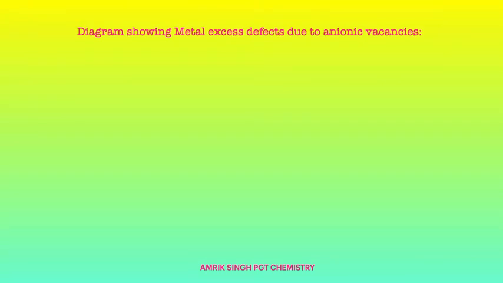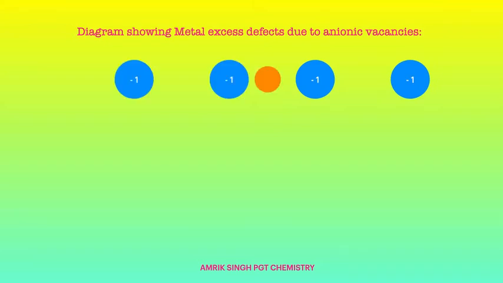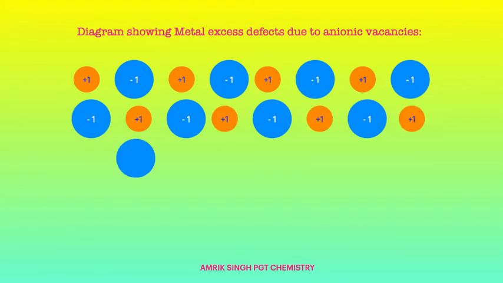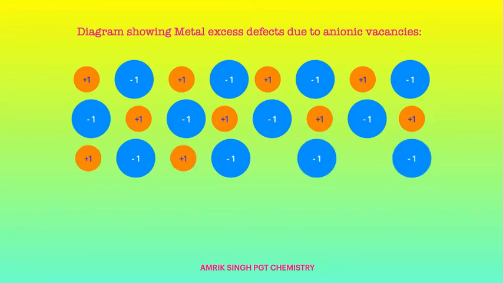Diagram showing a metal excess defect due to anionic vacancies. First of all, we are creating an ideal crystal. Suppose it is of NaCl, and the crystal is constituted here with positive and negative ions repeating.